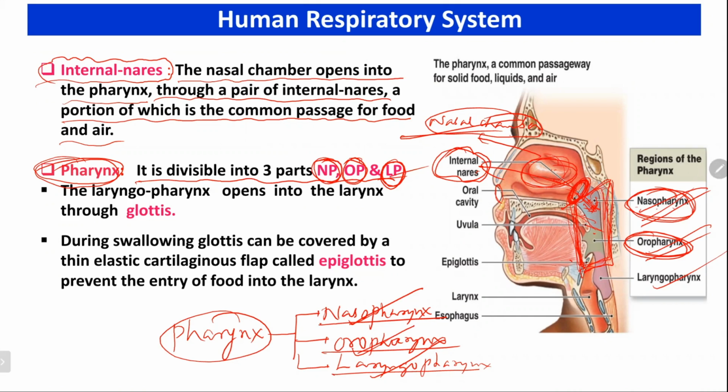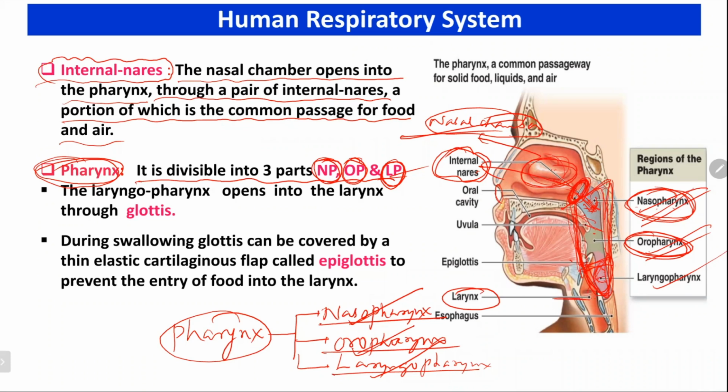Next, the laryngopharynx. As the name itself indicates, you can clearly see this part of the pharynx here, this entire part up to here is pharynx only. It is the part of the pharynx which opens into the larynx. You can find the larynx at the anterior end of the trachea, a small box-like structure called the larynx.